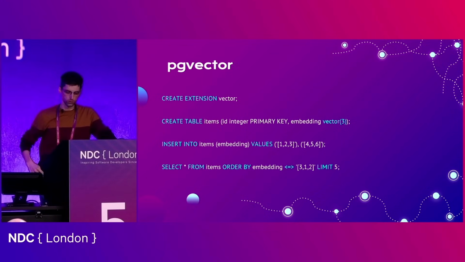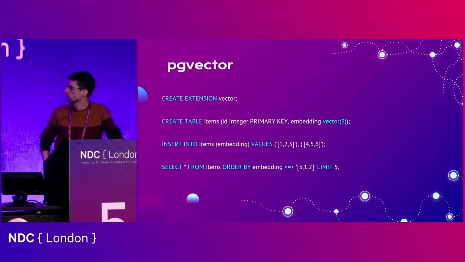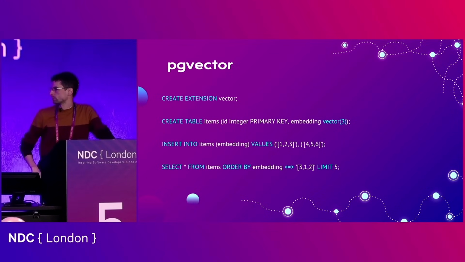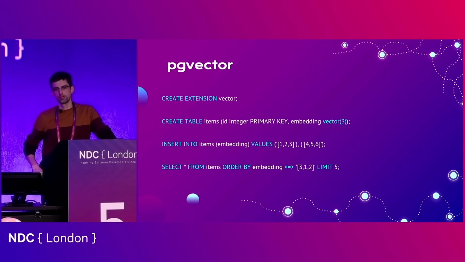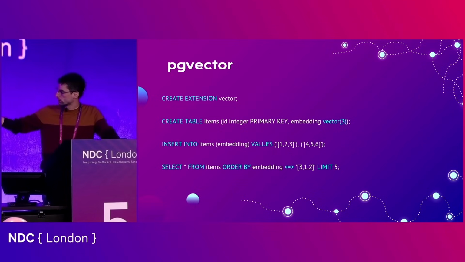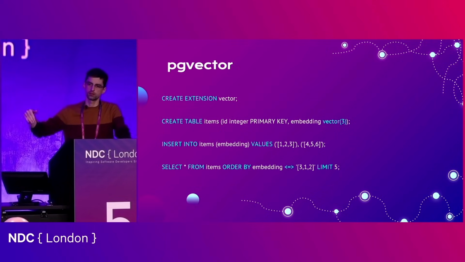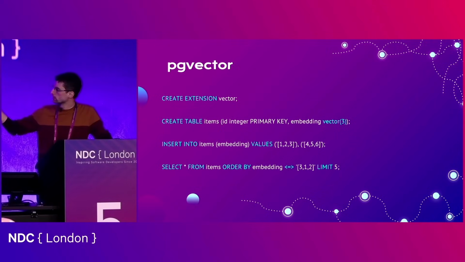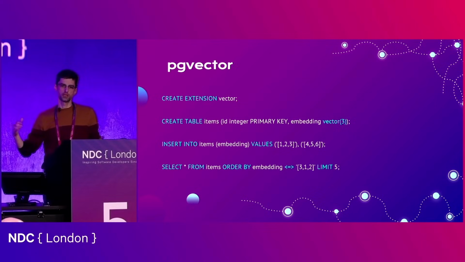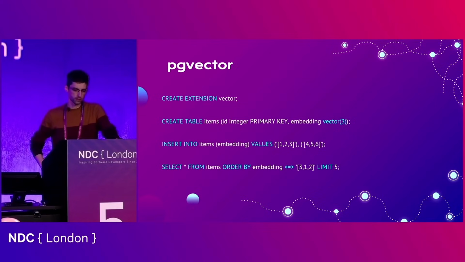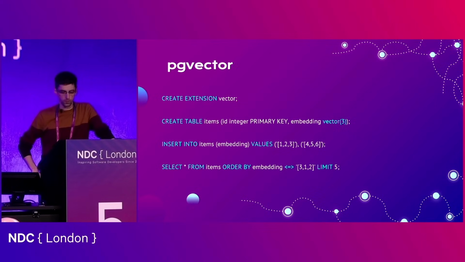This spaceship operator that you see will calculate cosine similarity between the vector that is in the order by and the data that is in the database, and give us the 5 nearest items from the database.